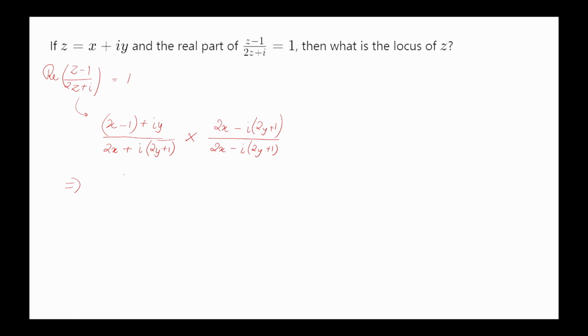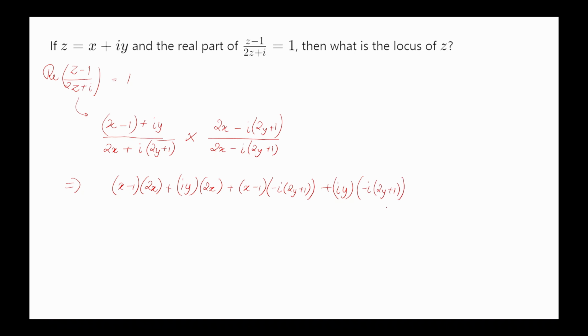So from here what do we get? Sorry, let me write it down directly. This would become (x minus 1) into (2x) plus iota y into 2x, plus (x minus 1) into minus iota (2y plus 1), plus iota y into minus iota (2y plus 1).